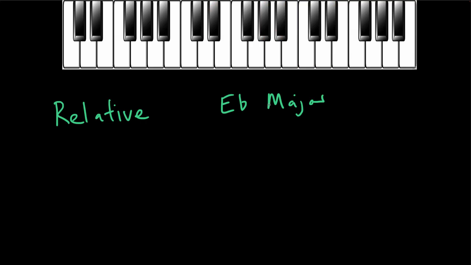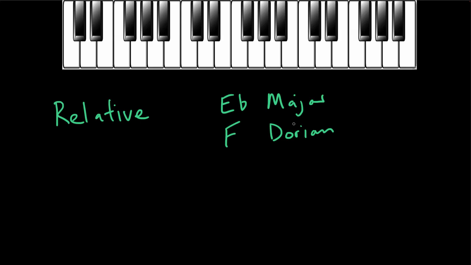Okay, so we want to build a set of relative modes. We're going to do a very similar thing to what we just did with the C major scale. We'll build out a mode based on each of the different steps of the scale, and you'll notice that they have the same pattern, that the mode built on the second step is going to be a Dorian, just the same way that with our C major scale, the second step of that scale was a D. Here we're using our E flat major scale, and so the second step of the scale will give us an F Dorian.